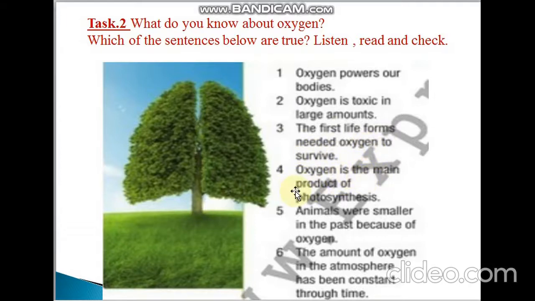Oxygen is the main product of photosynthesis. These animals were smaller in the past because of oxygen. The amount of oxygen in the atmosphere has been consistent over time. You will find the true sentences.